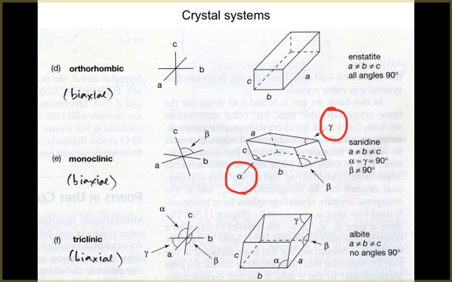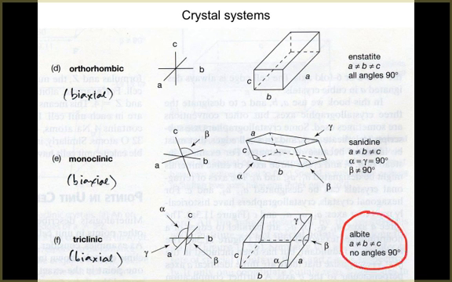Those angles are 90 degrees, but the angle between the B and the C axis, that's given the notation beta, that's not 90 degrees. The triclinic crystal system, none of the crystallographic axes are the same length, and none of the angles between those different axes equals 90 degrees.